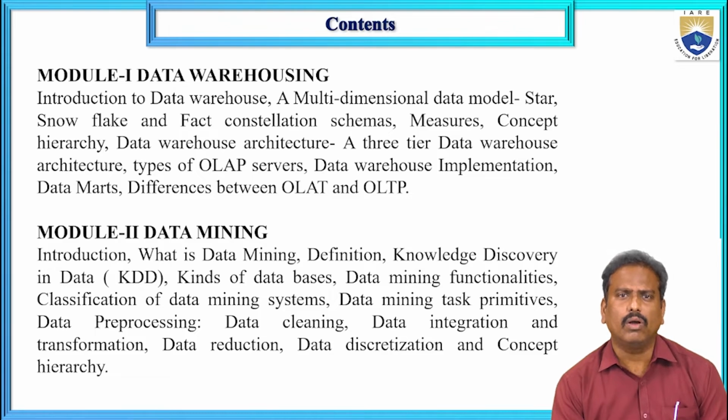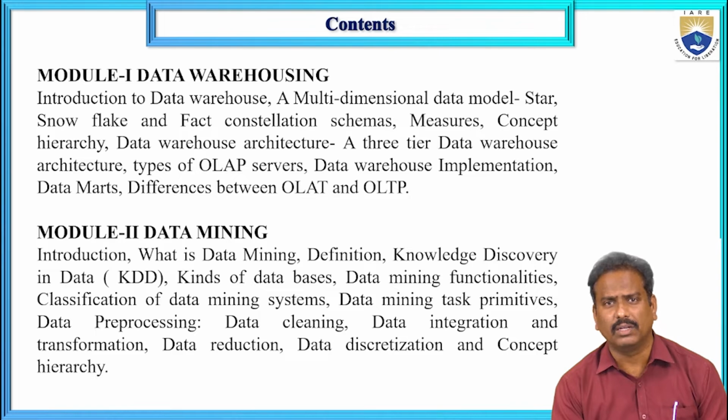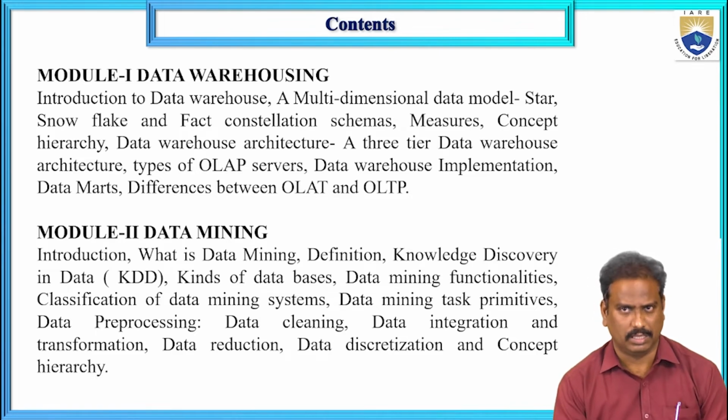We are combining all those concepts and making it data mining. Data mining systems are classified into different types, maybe on the kind of data, the kind of technology, the kind of functionality, or the kind of application adapted. In this way we classify data mining systems.